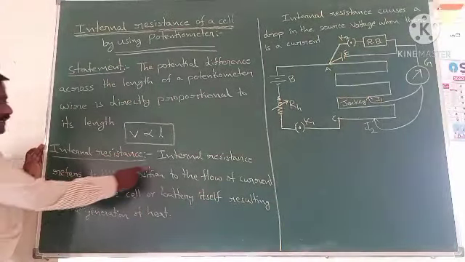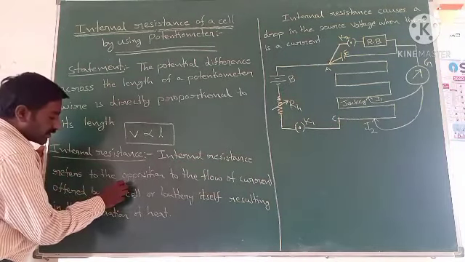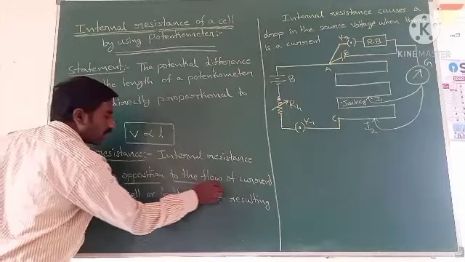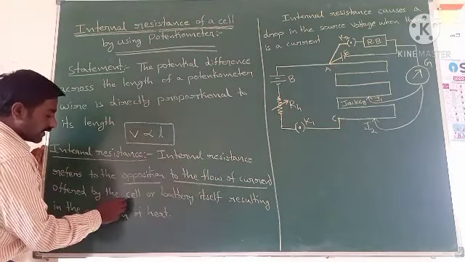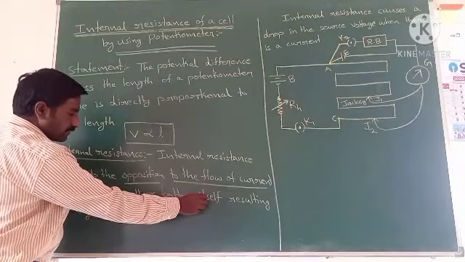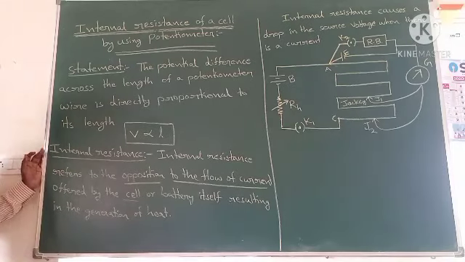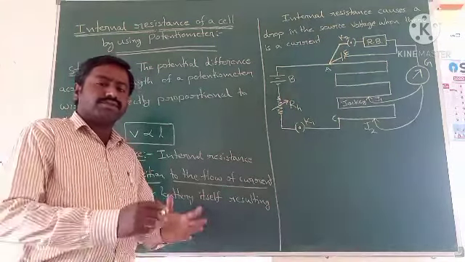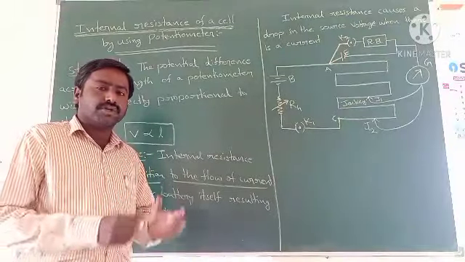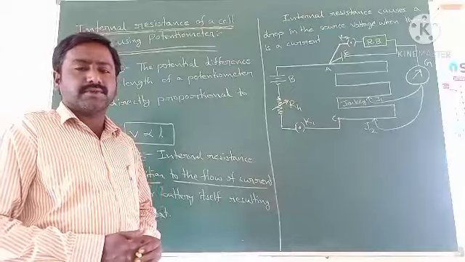So the definition is: internal resistance refers to the opposition to the flow of current offered by the cell or battery itself, resulting in the generation of heat. Because the cell or battery itself opposes the flow of current, some electrical energy will be lost.